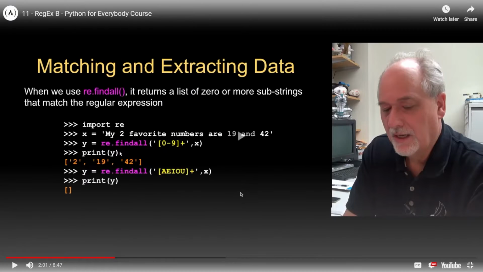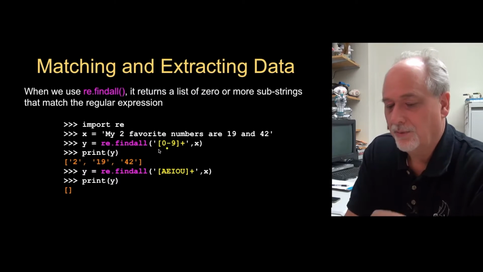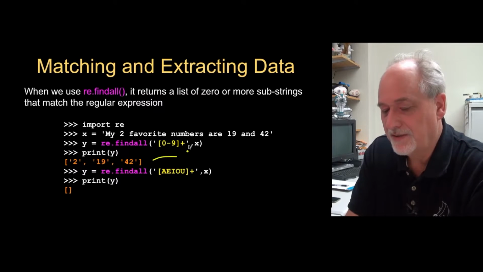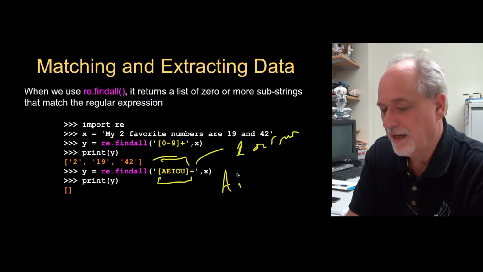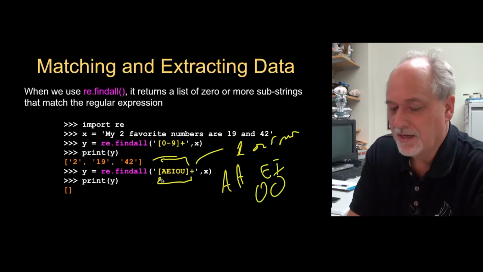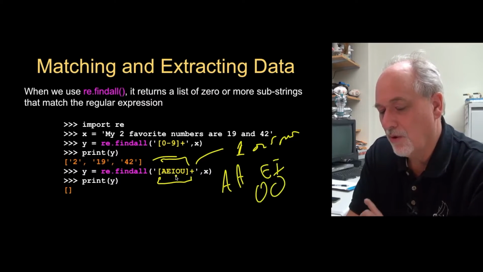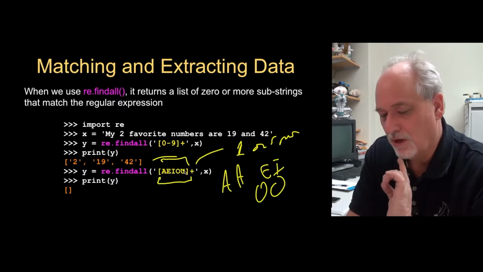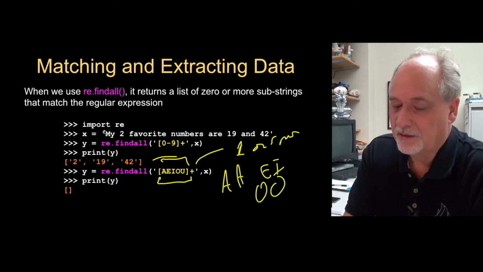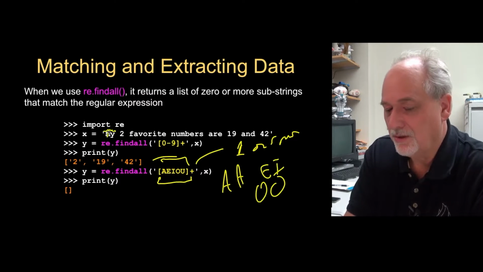Let's watch. Just as an example, we did this thing and we get 2, 19, and 42. But if I said this, that basically is an uppercase vowel, A, E, I, O, or U. That's one letter, and that's one or more. So it's saying I'm looking for a minimum of one or more uppercase A, E, I, O, U. It finds an uppercase, but it's an M. No uppercase, no uppercase.